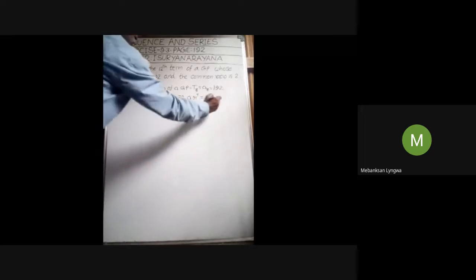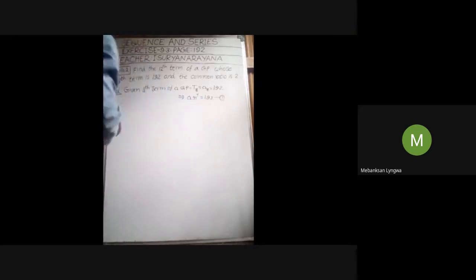This implies, how do you denote A8 or 8th term? A r to the power of 7 is equal to 192. Okay, my children, where a is the first term of the geometric progression and the common ratio is r. Okay, my children, right. Consider this is equation 1.